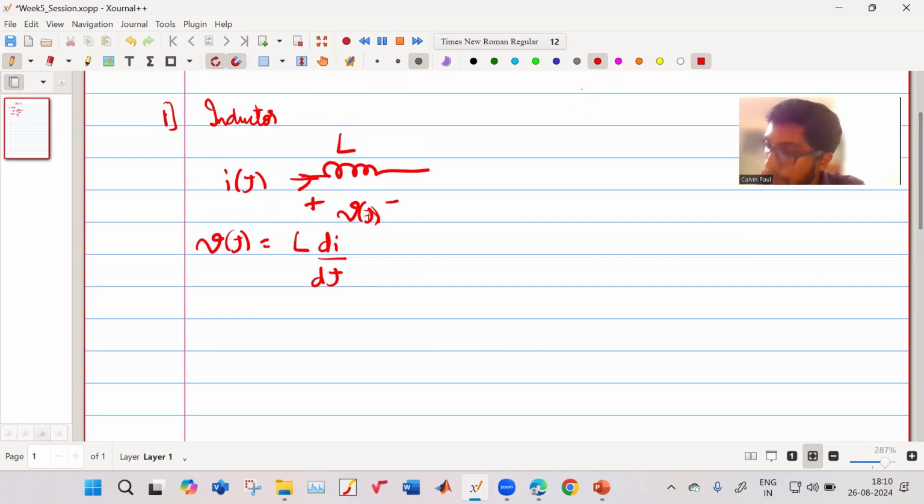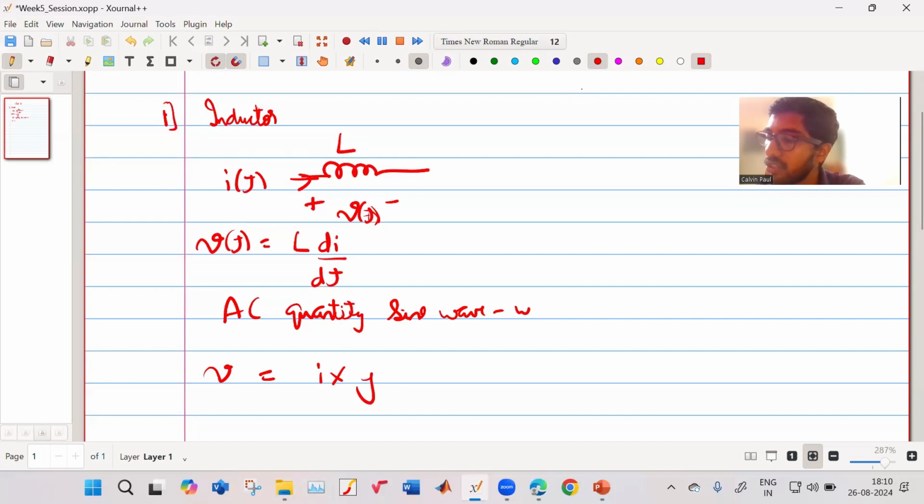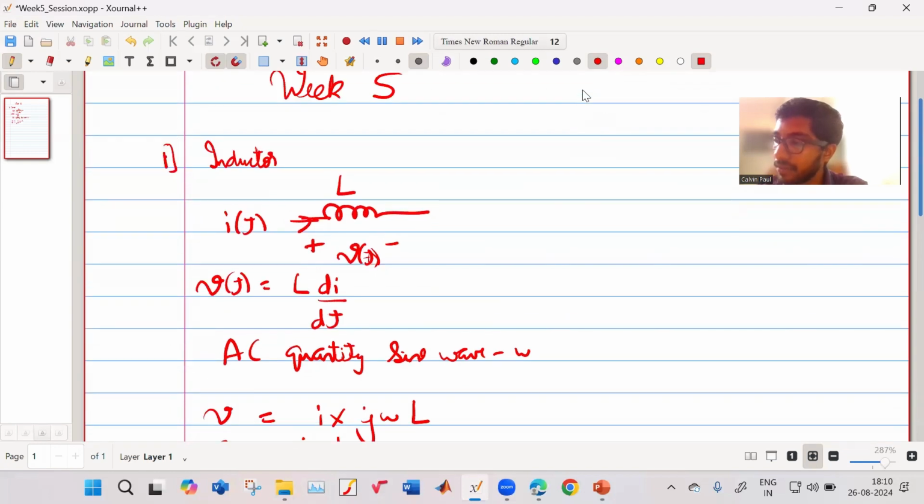Also, in case it was an AC quantity, and there's a sine wave of frequency omega, then we have V is equal to I into j omega L. And that impedance is actually given by j omega L. So this is for an ideal inductor.